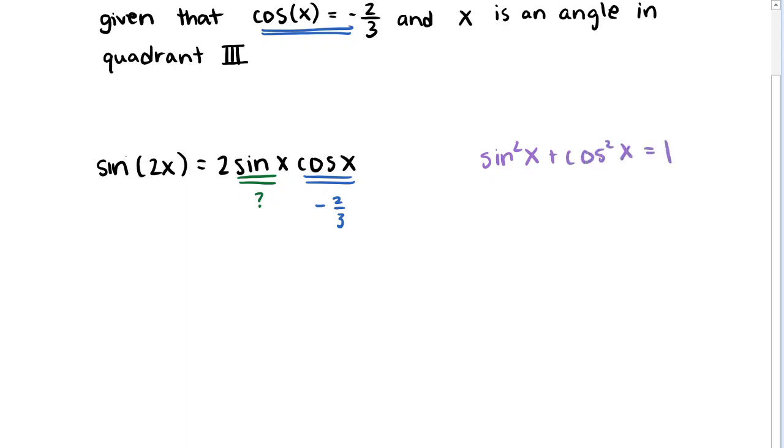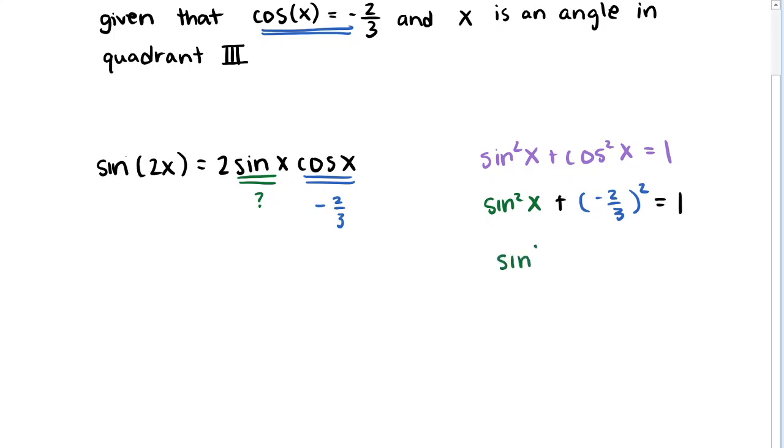This is really just rewriting our equation for our unit circle. And here we know that sine squared of x added on with cosine squared of x, well, cosine is negative 2/3, so here we have negative 2/3 squared. This is going to give us 1.